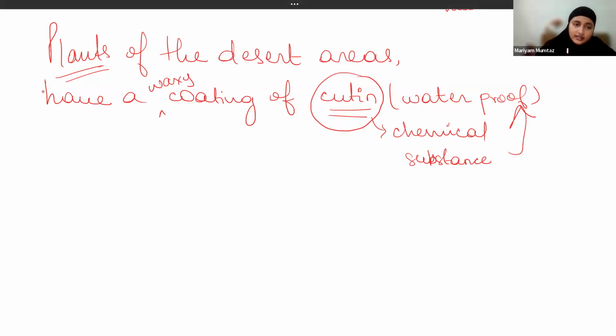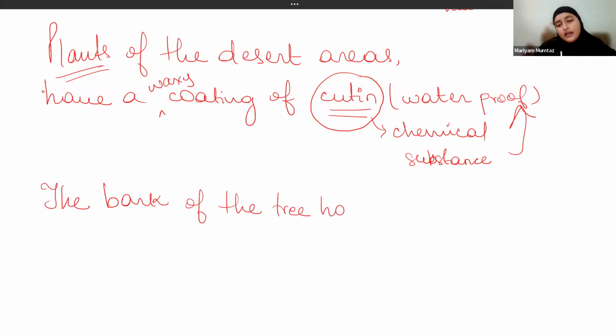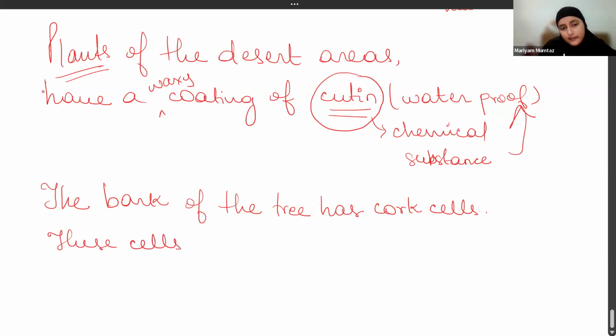So you can write it as: the bark of the tree has cork cells. These cells are dead usually.